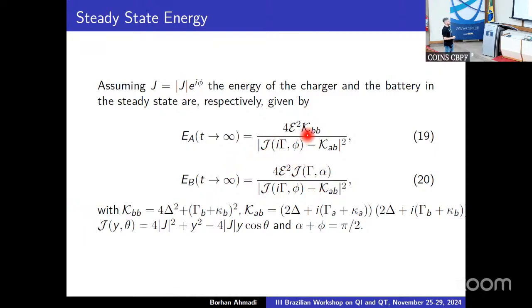Here I have introduced kappa AB and kappa BB as interactions that restrict the energy transfer, and this J accounts for the interaction that facilitates energy transfer. Kappa BB is made of this detuning and this decay rate, which leads to dissipation.